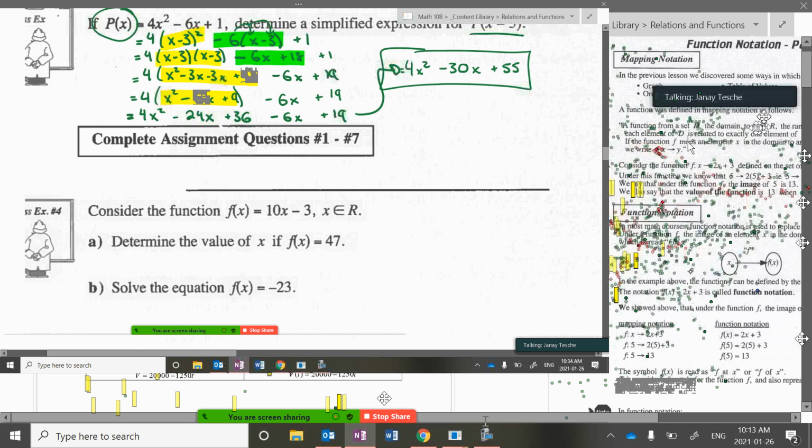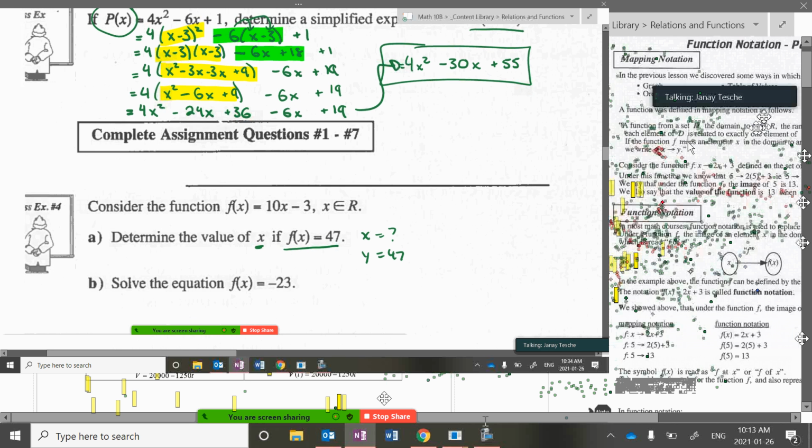Okay, consider the function f of x equals 10x minus 3. So determine the value of x if f of x is equal to 47. So this is slightly tweaked than all the ones previous. Now it's saying, what is x if y is equal to 47? So we're going to substitute in 47 into the f of x spot.